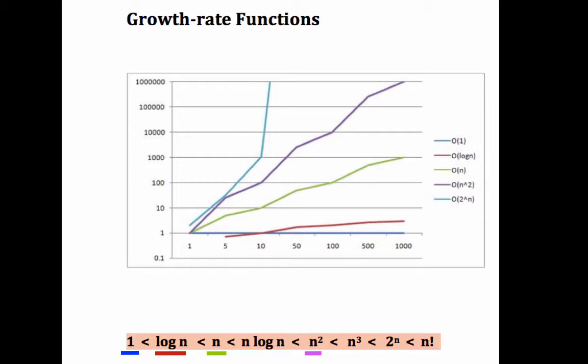The other thing that is important is to learn this line here because it shows you the relationship. n is the size of the data. So if you find an algorithm and you determine that the growth rate function that describes it is log n, and you have another one whose growth rate function is n cubed, well, obviously log n is a much, much smaller value than n cubed, and therefore we can conclude that the algorithm with a growth rate function of log n is more efficient than the algorithm with a growth rate function of n cubed.